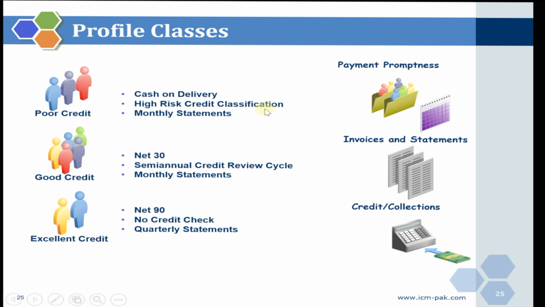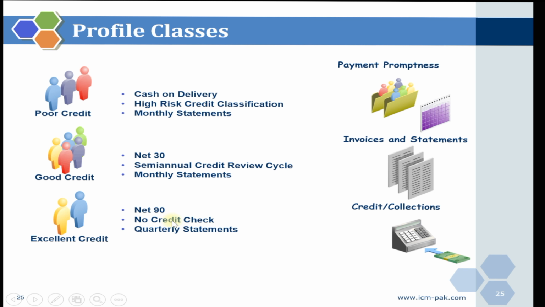Now we can build our customer profiles. If we make the profiles, these profiles we can link with our customers. For example, we can have class 1 customer, class 2 customer, class 3 customers, and that will be based on their credit rating or their payment background or payment history.